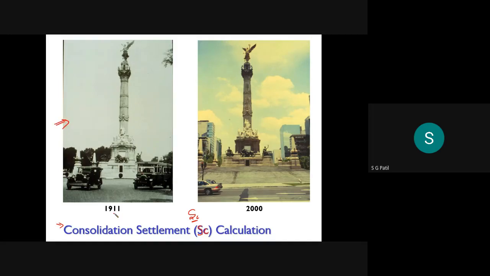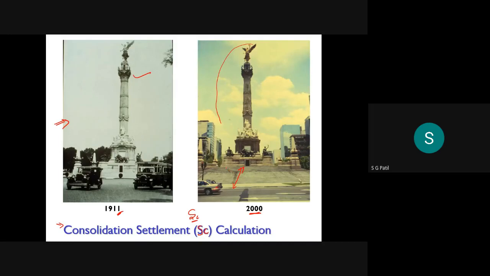You see in 1911, this monument. I want to draw your attention between these steps. So in 2000, you have this much settlement because this structure is standing on the pile foundation.